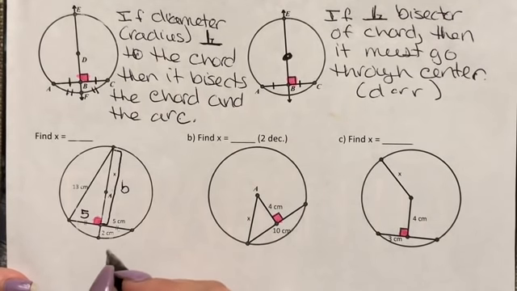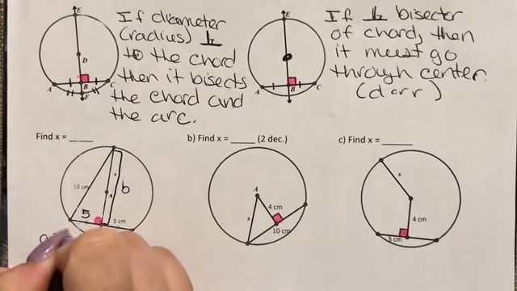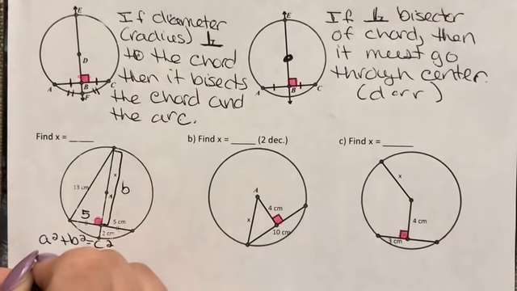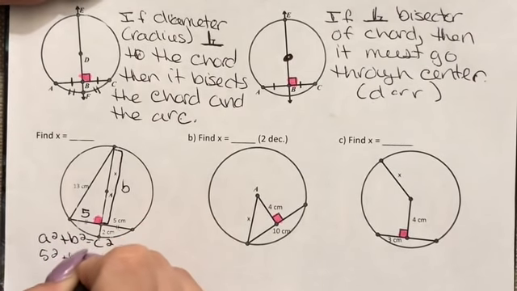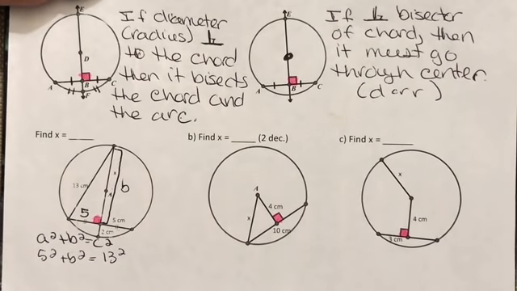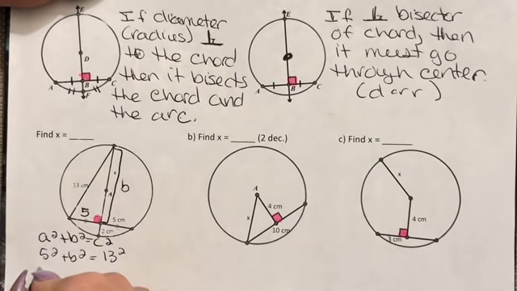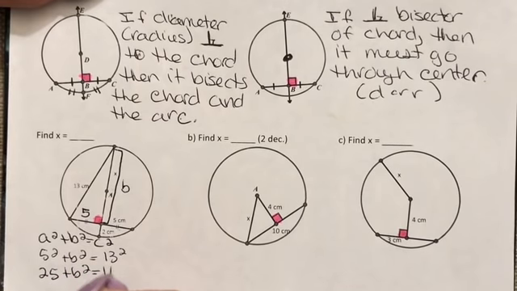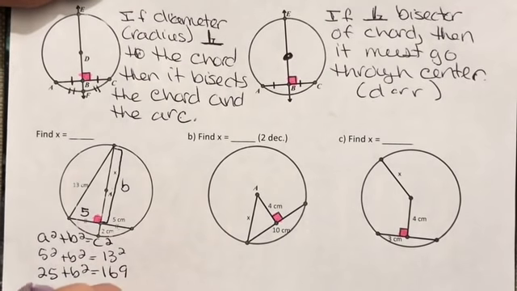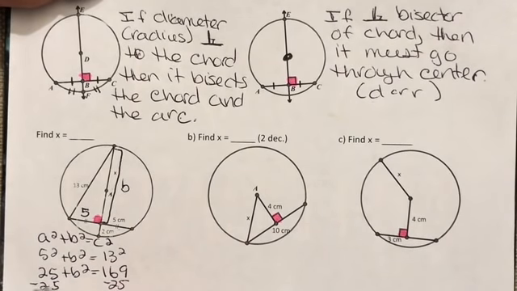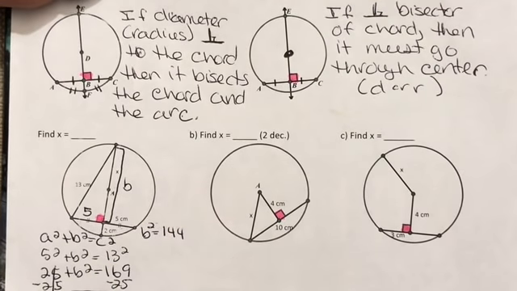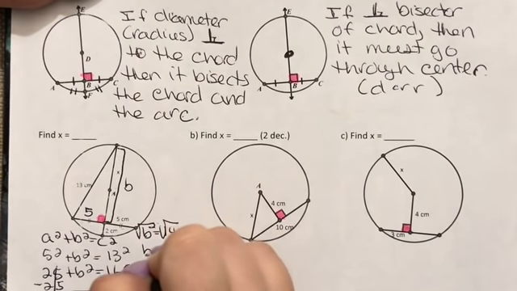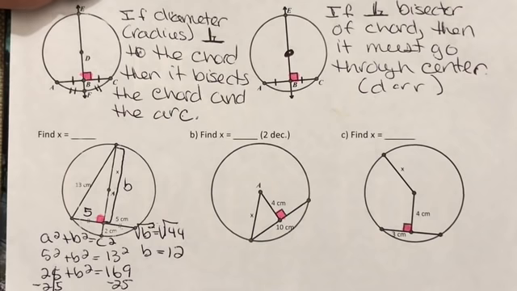So a squared plus b squared equals c squared would leave me with 5 squared plus b squared equals 13 squared. I'm going to get 25 plus b squared equals 169. And when I subtract 25 from both sides, I'm going to get b squared is equal to 144. And my last step to get b by itself would be to take the square root. So b would equal 12.